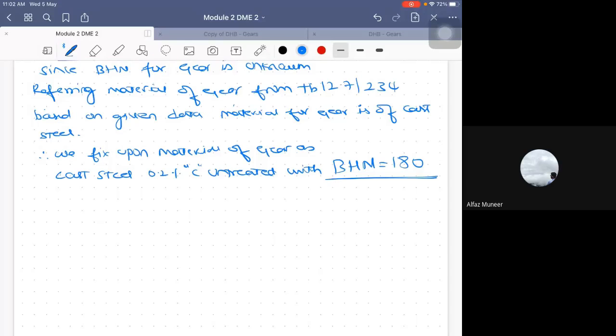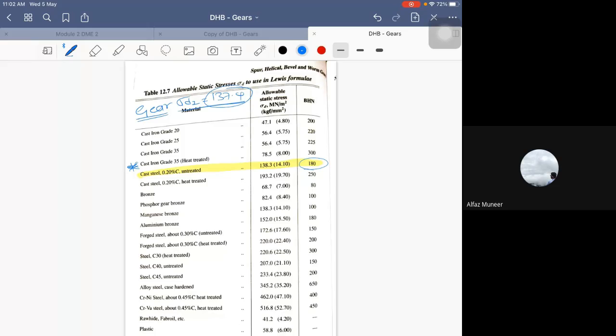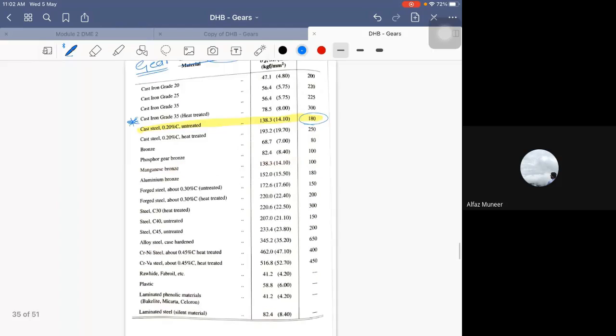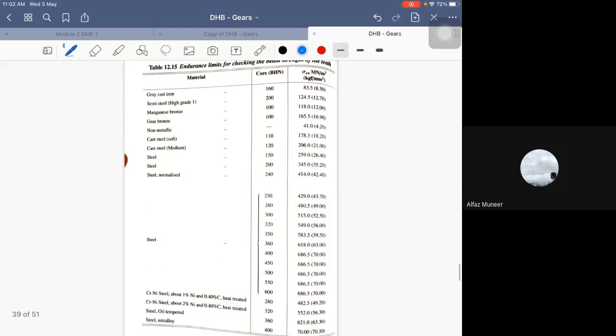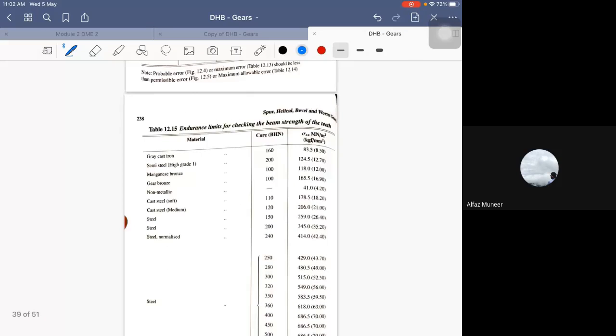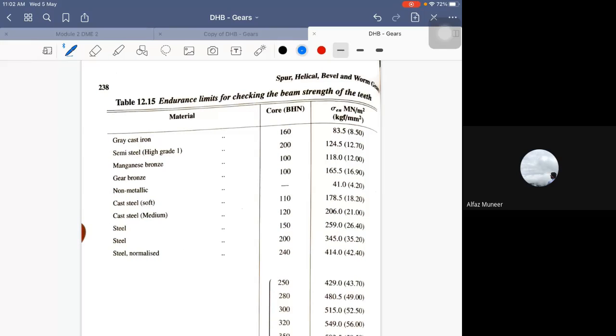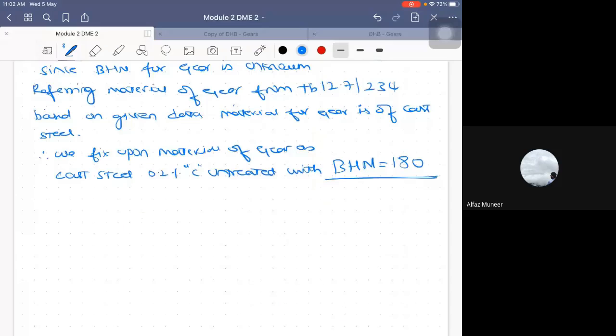Now, for the value of 180, I need to calculate the sigma En. Now come back to that particular table. What was the Brinell hardness number of the gear material we have put upon? It is 180.